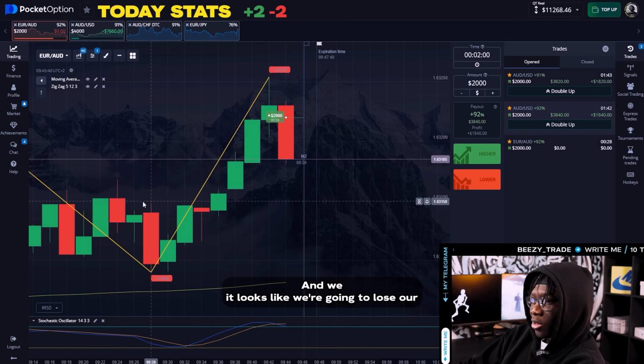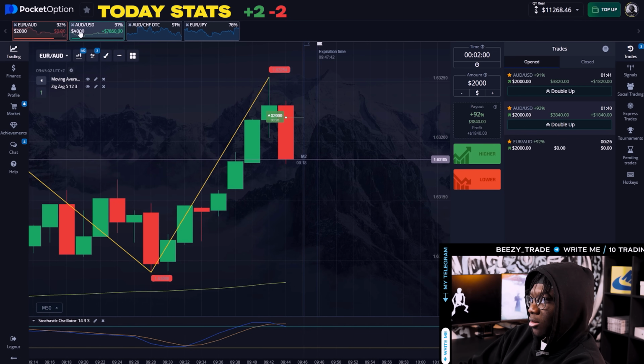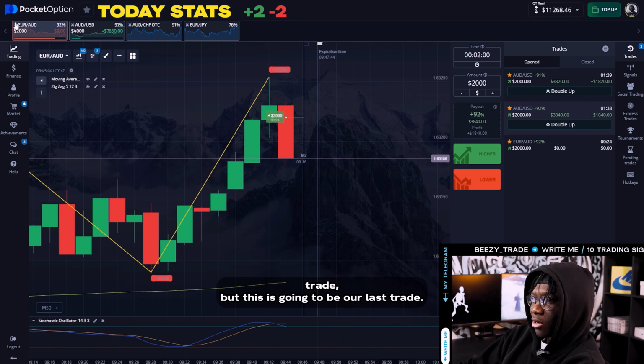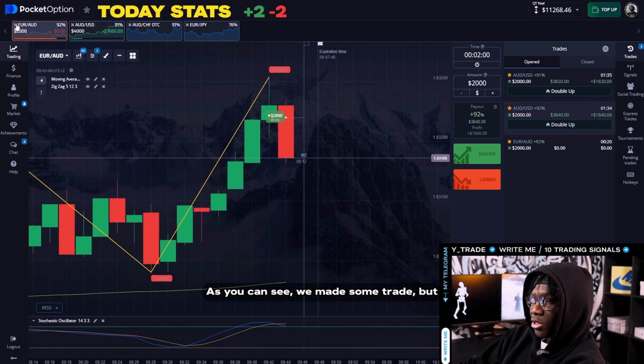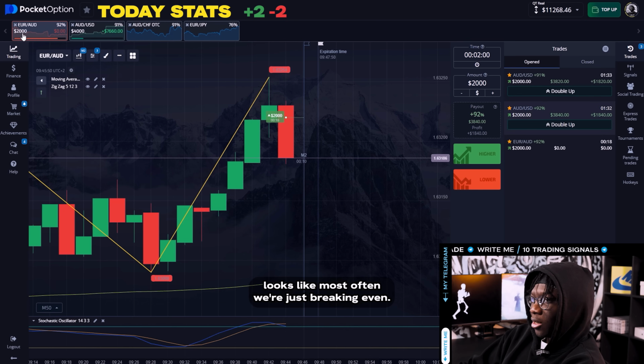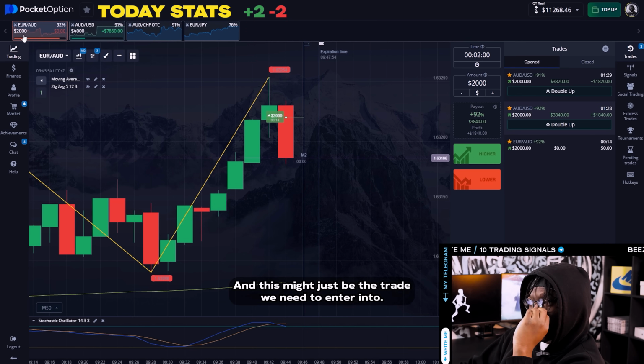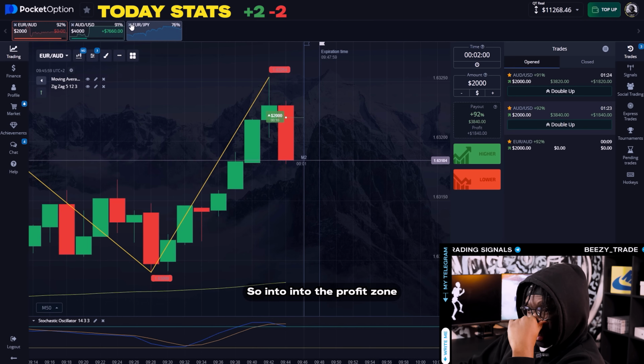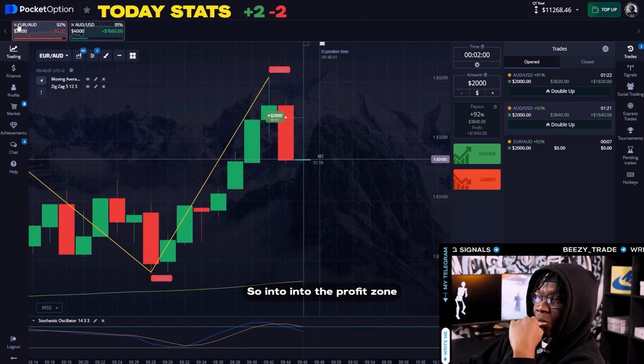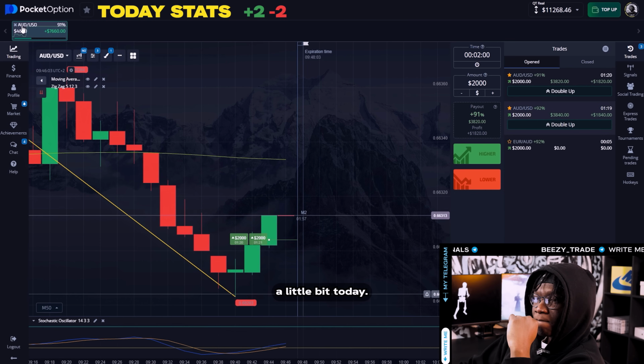And looks like we're going to lose our Australian dollar AUD trade. But this is going to be our last trade. As you can see, we made some trade, but looks like most often we're just breaking even, and this might just be the trade we need to enter into the profit zone a little bit today.